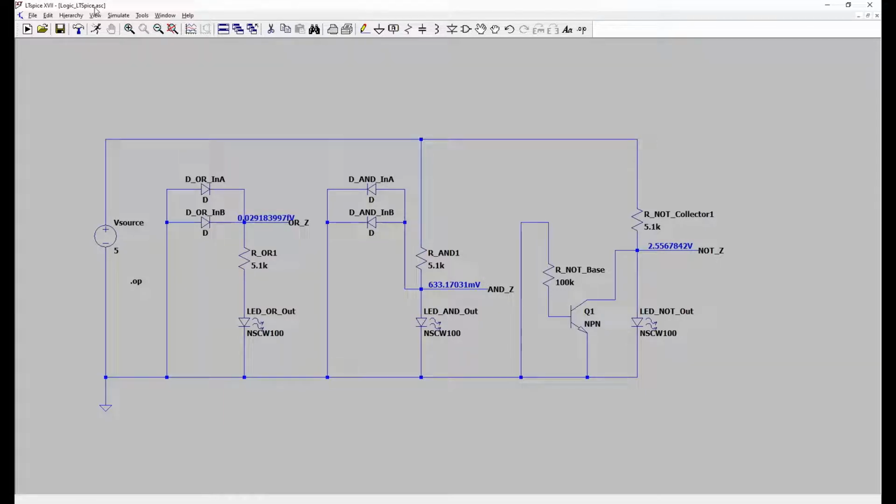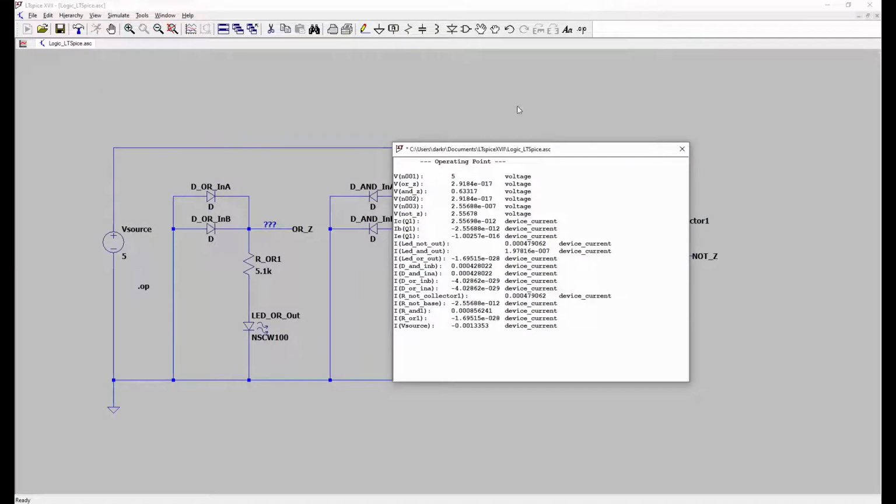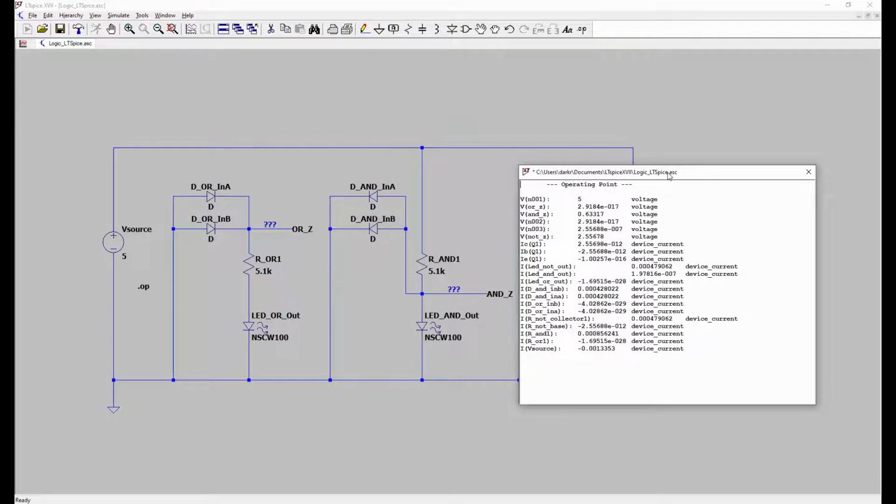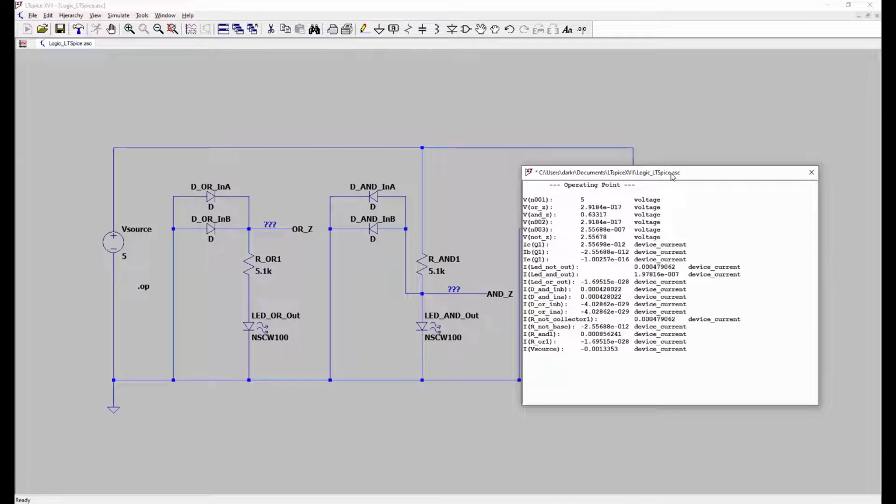And if we look at Y, we can see that the current through the LED for the AND gate is only 19 microamps, while the current through the input diodes for A and B are each passing 428 microamps.